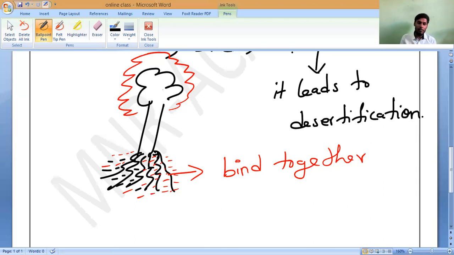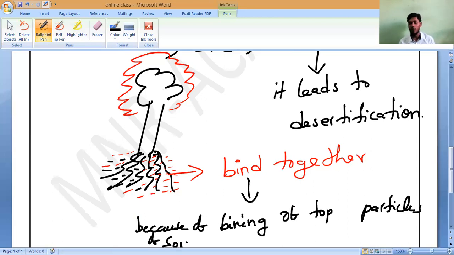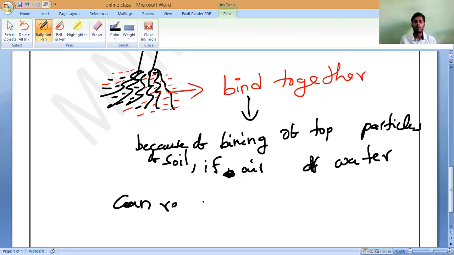Because of the binding of the topsoil particles, if water flows or air blows, it cannot remove the soil easily.